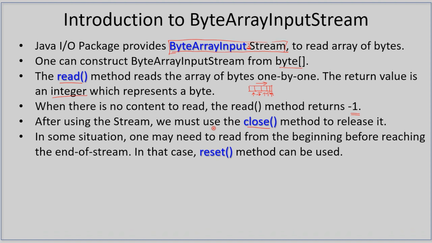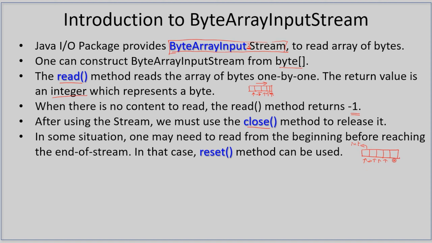In some situations, one may need to read from the beginning before reaching the end of stream. So for example, let's once again consider that 5 slot array. Each time you read a byte, the read method will return an integer. We already know that, and the pointer advances to the next.